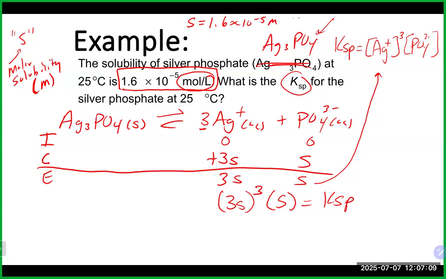So at this point, what we need to do is just put that into our expression on the bottom. That would give us 3 times 1.6 times 10 to the minus 5, and again, you still need to cube it, times 1.6 times 10 to the minus 5. And that's going to get me here.